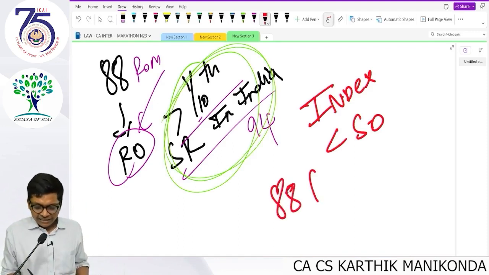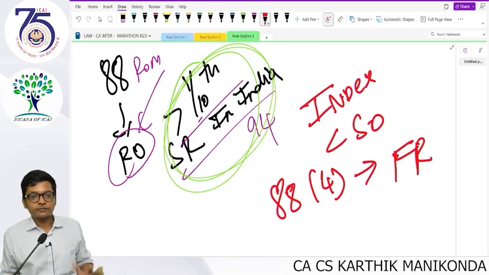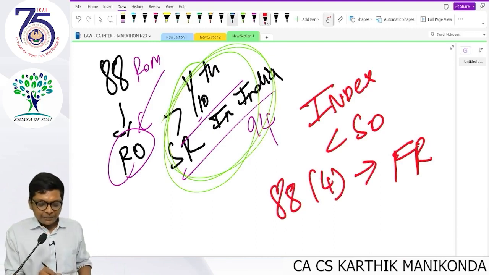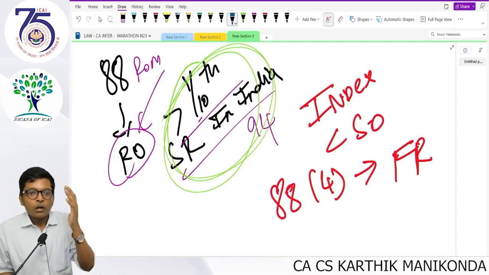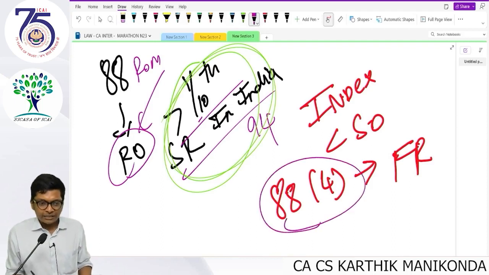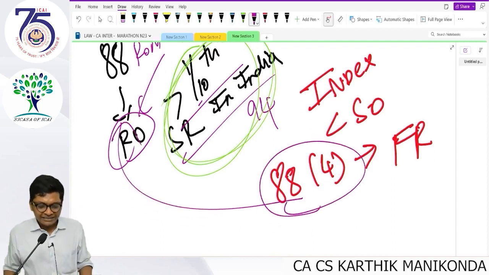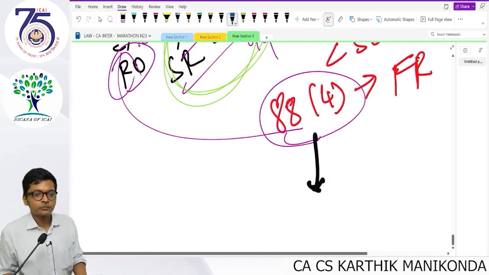Similarly, you have section 88 subsection 4, which is the foreign register. A foreign register will be kept in a foreign country where members are located. Here, you have to send this register back to India. We call this the backup provision. Back to India once in how many days?